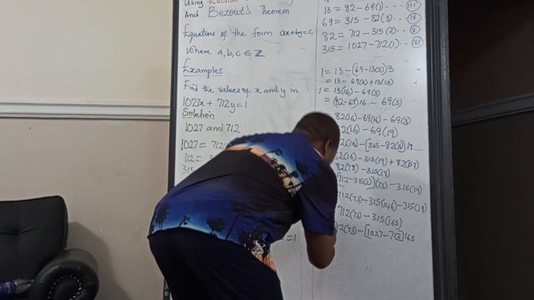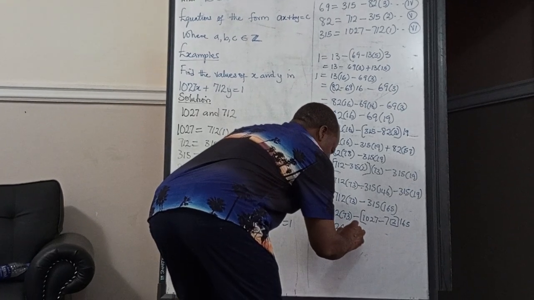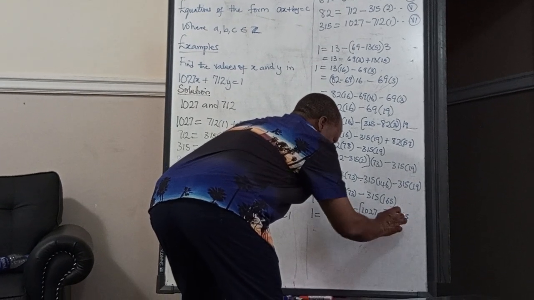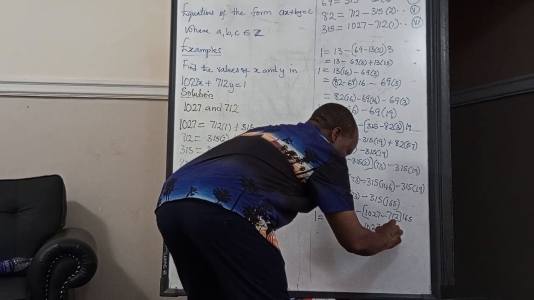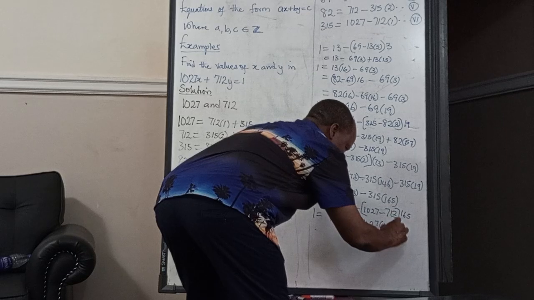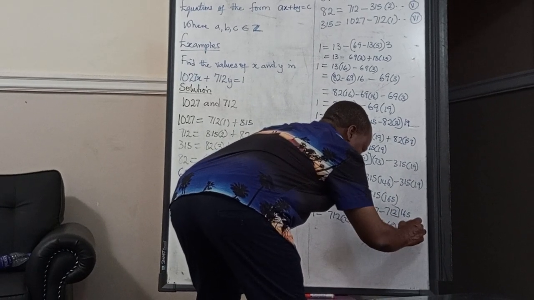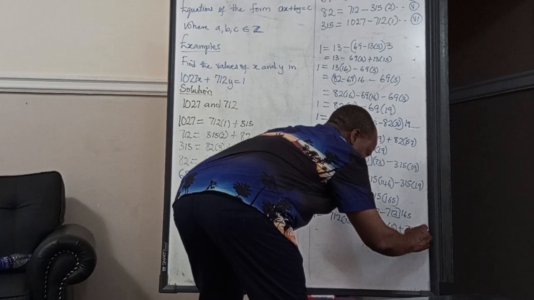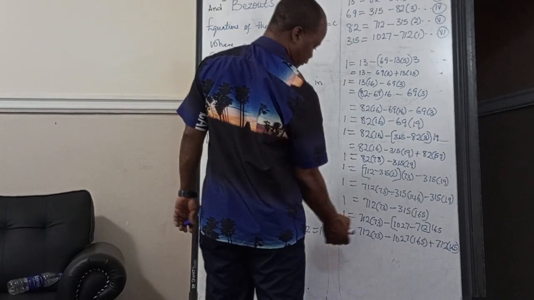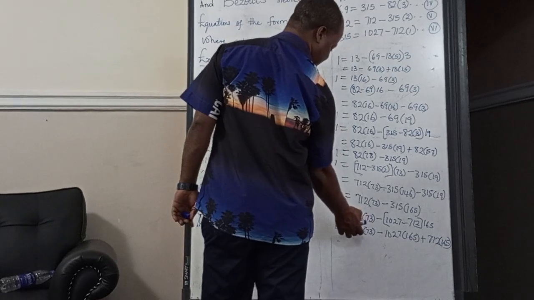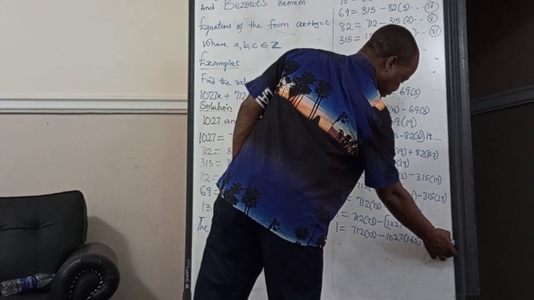So we expand that part, we have 1 is equal to 712 times 73, then minus 1027 times 165, minus is plus 712 times 165. Okay, so 712 here has a coefficient of 73, and 712 here has a coefficient of 165.